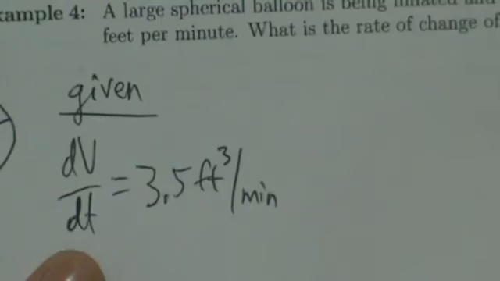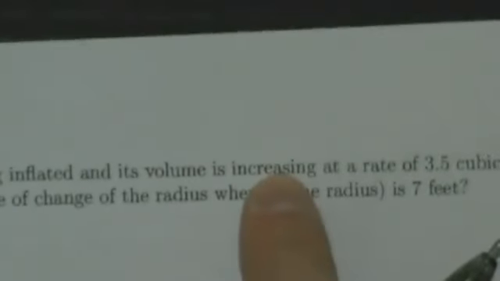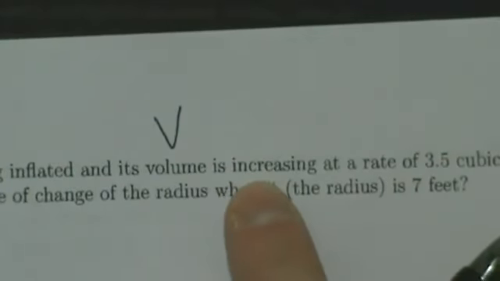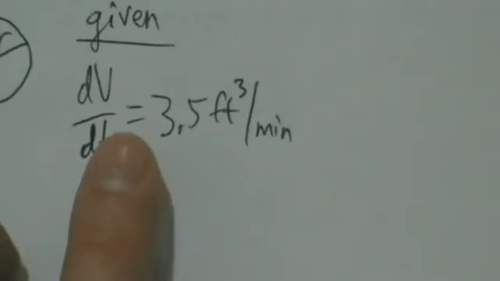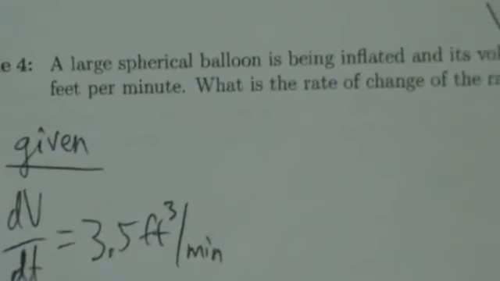It's a positive rate because the balloon is being inflated, so its volume is increasing. Because big V is increasing, dV/dt should be positive. Alright, so that's what we're given.